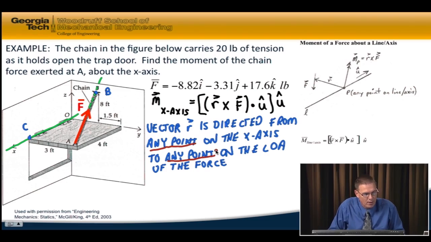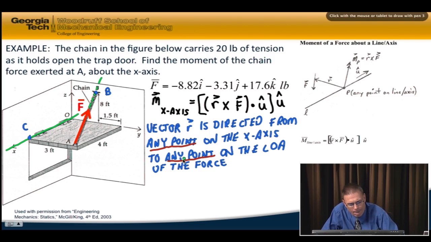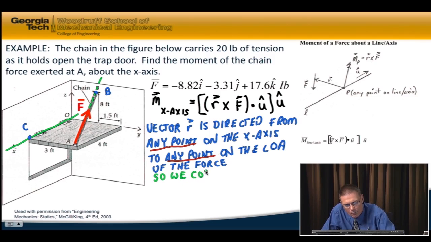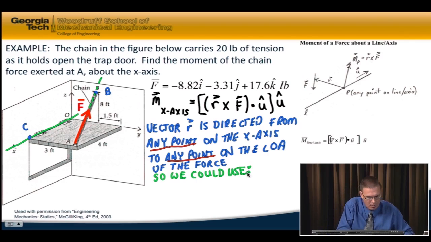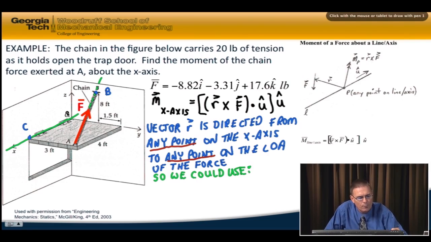So in this case, we have several options. We could take the point O, which is on the x-axis, to point A, or we could take a position vector from O to B, or we could take a position vector from C to A, C being on the x-axis, A being on the line of action of the force, or C to B. So let's write all those down.